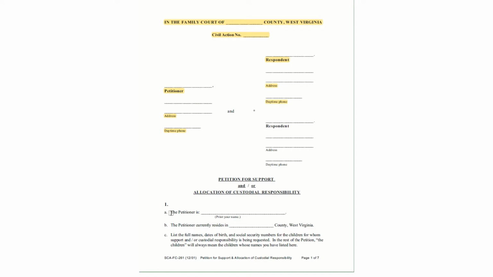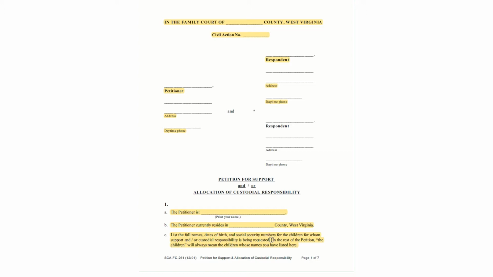Moving down, on line A, you are the petitioner if you're the person filing the case, so you would print your name there. On B, you would put the county where you're currently residing in West Virginia. On line C, these are the instructions that you'll fill out on the second page, but you're supposed to get together the full names, dates of birth, and social security numbers for the children that you're asking the court to award custody for in this petition.